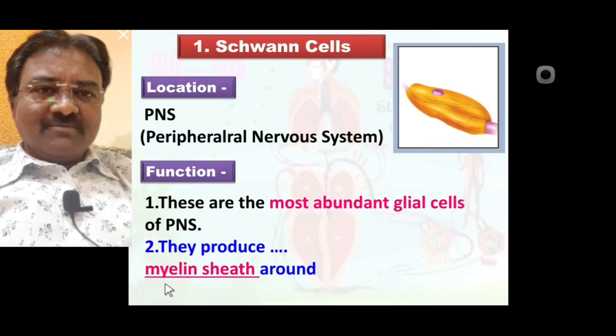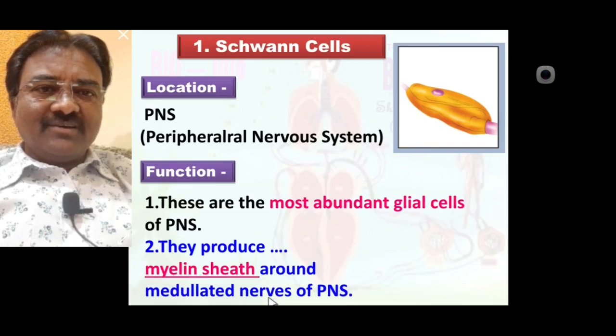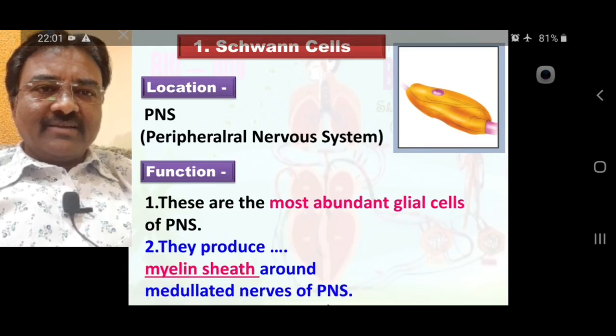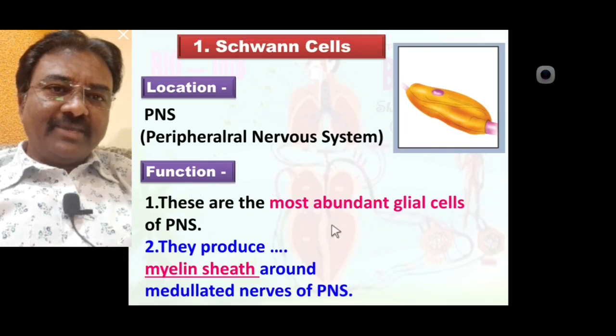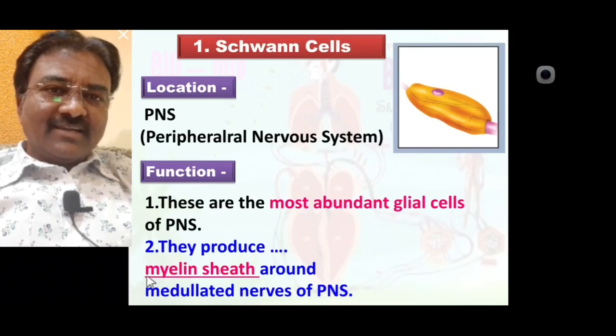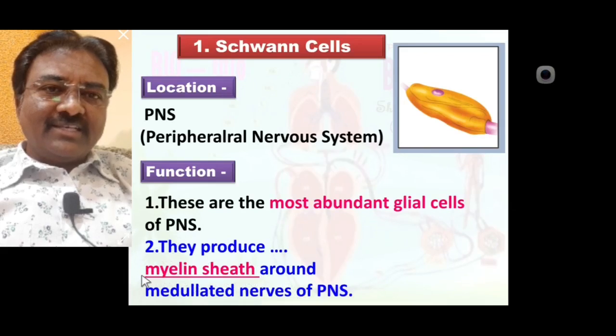Okay. Now the second function: they produce the myelin sheath around the medullated nerve present in the PNS. Always remember, in the PNS the medullated nerve is covered by a myelin sheath, done by Schwann cells.